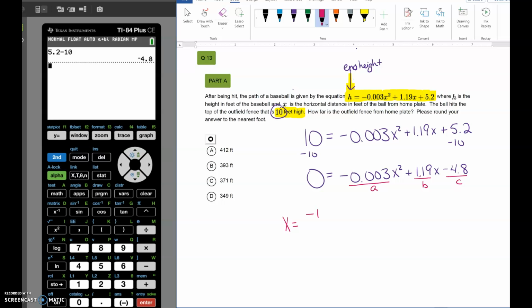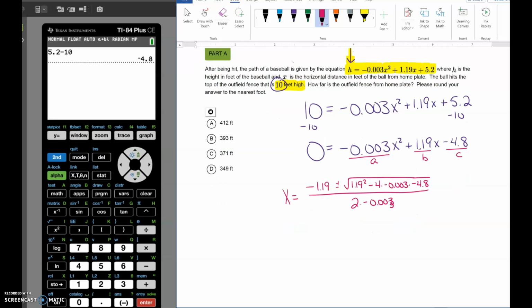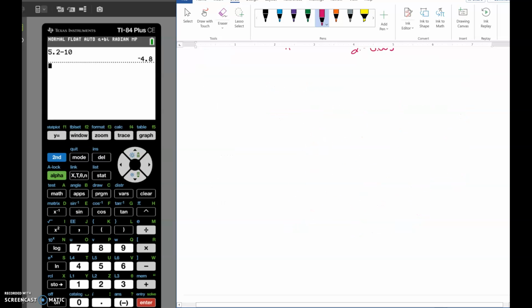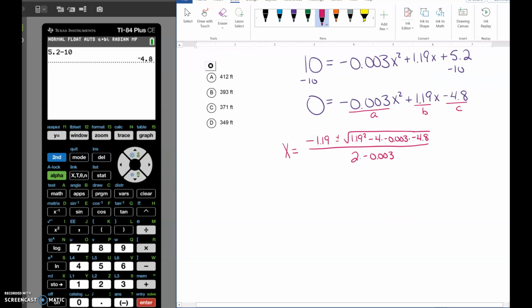X equals the opposite of B plus or minus the square root of B squared minus 4 times A times C, that looks a little confusing with all those negatives in there, divided by 2 times A. Okay, I need to plug the stuff that's underneath the radical into my calculator.